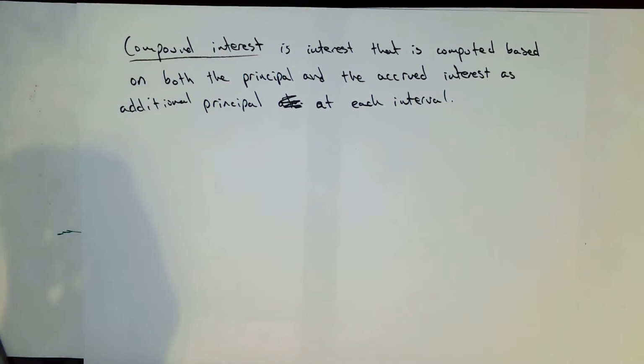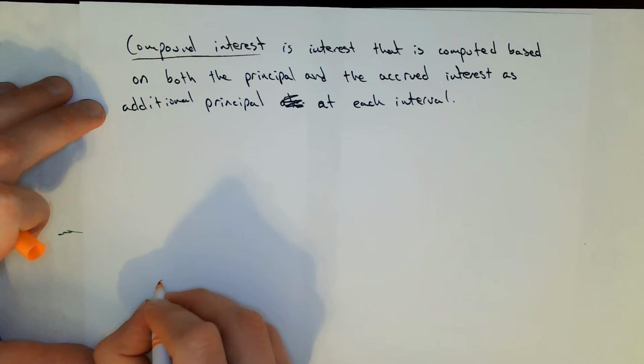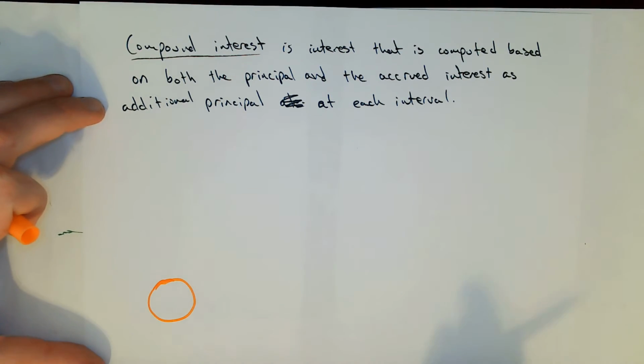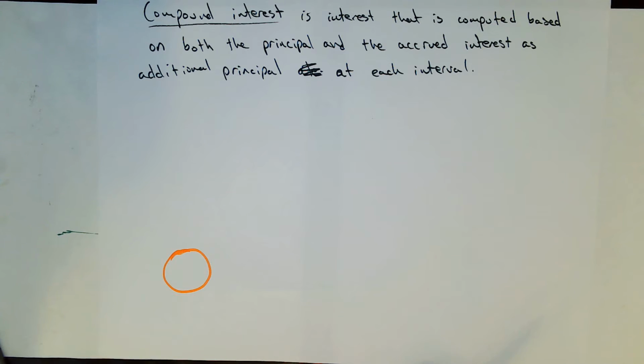But just to give you an idea of what's happening here, say you've got some amount of money that is in a savings account, right? So some sum of money here represented by a circle, and then you gain a bit of interest on it, right?